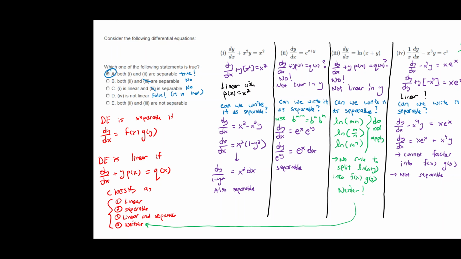Well, that's false because 2 is separable. So that's just an explanation as to why the other statements are false, just going through that language a little bit carefully with you.